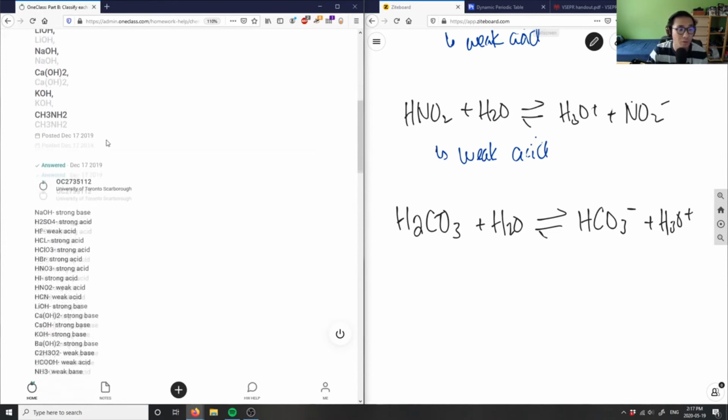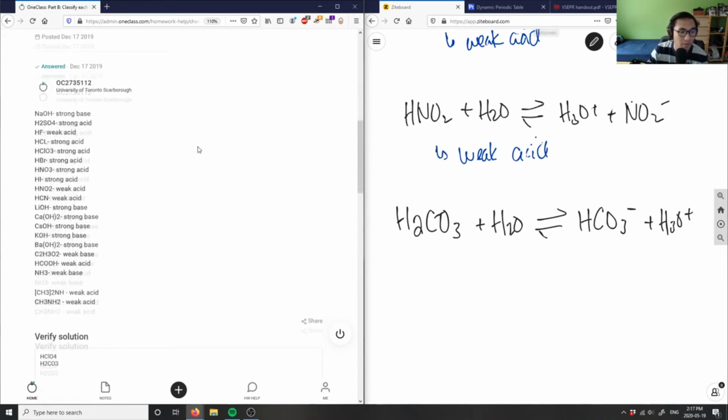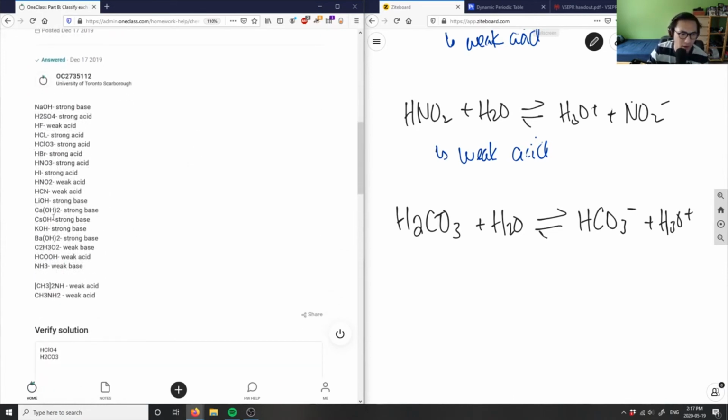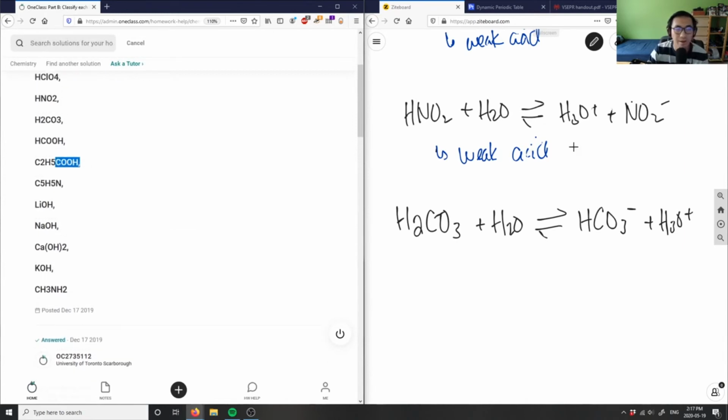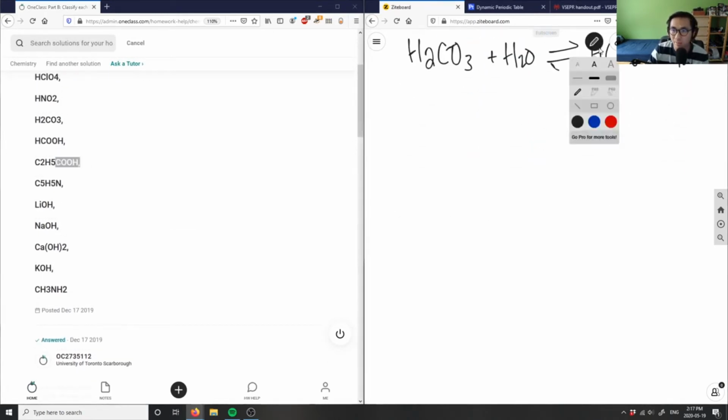C5H5N here would be a weak base, and I don't think they included it here either. It's because it's an amine, and organic amines are usually weak bases. So maybe I'll write this down. I have C5H5N.